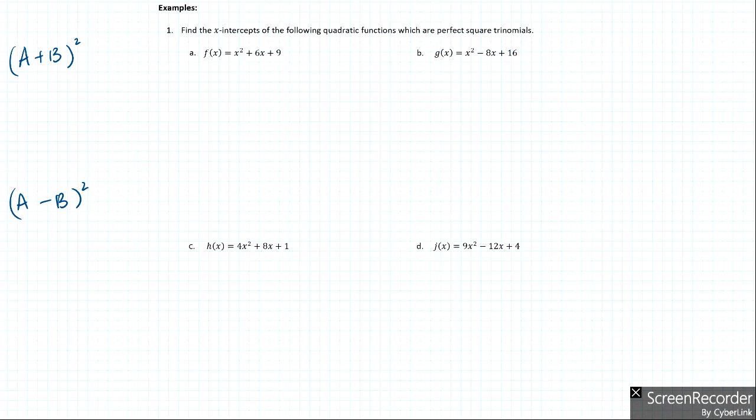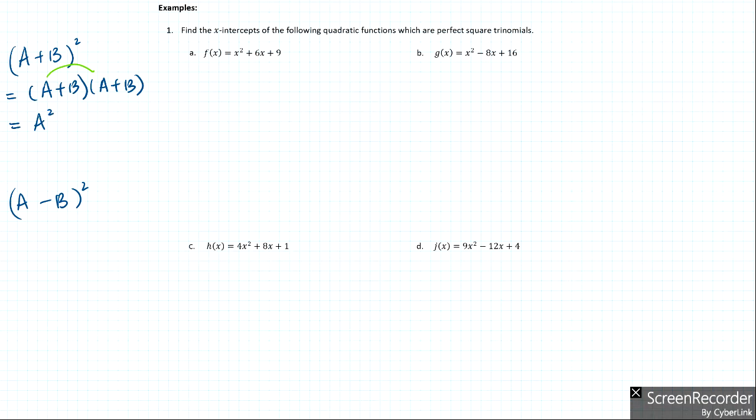To find out what it looks like in the FOILed out form, we can think back to how we would calculate a plus b squared. Remember, a plus b squared is the same as a plus b times a plus b. Using the FOIL process, we distribute the first: a times a gives us a squared.